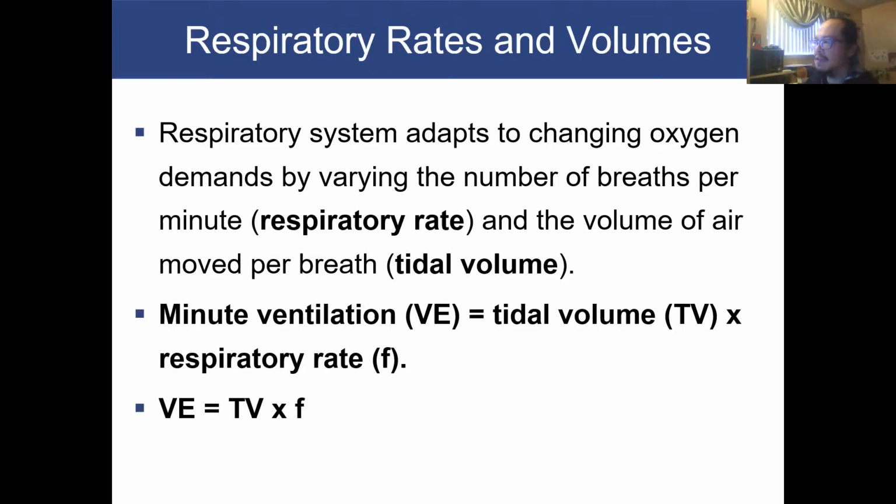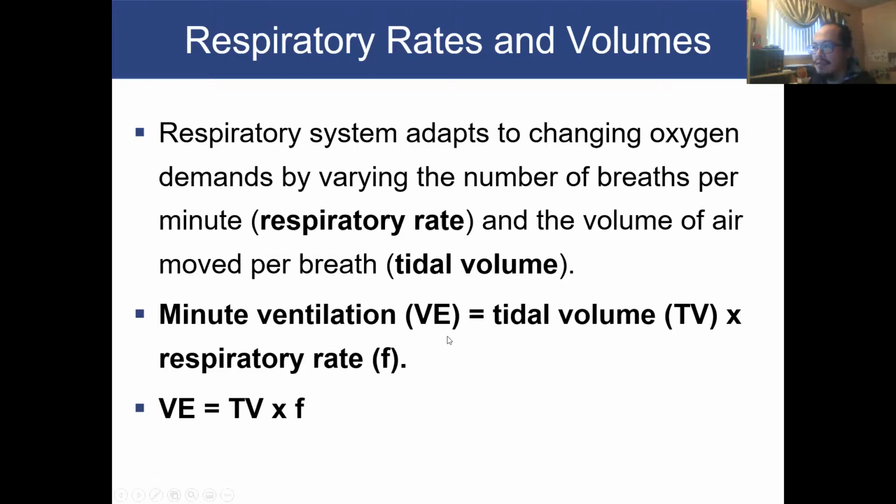The amount of breathing each time is called the tidal volume, just like a tidal wave, in and out, in and out. So the amount you breathe in equals the amount you breathe out, because we don't accumulate, right? And that is the tidal volume. And also the speed.